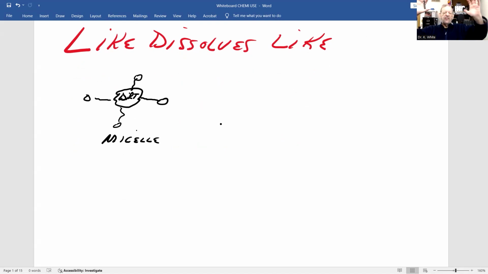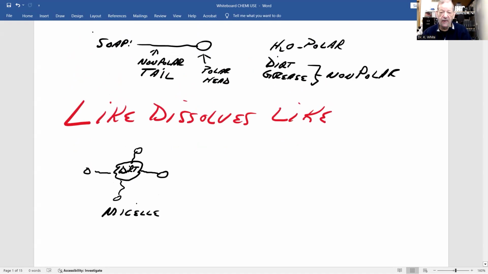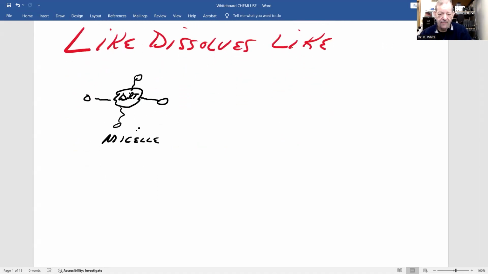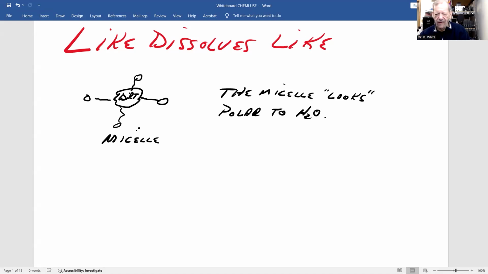Now, since the outside of the micelle is the polar heads, and water is polar and like dissolves like, the micelle looks polar to water.